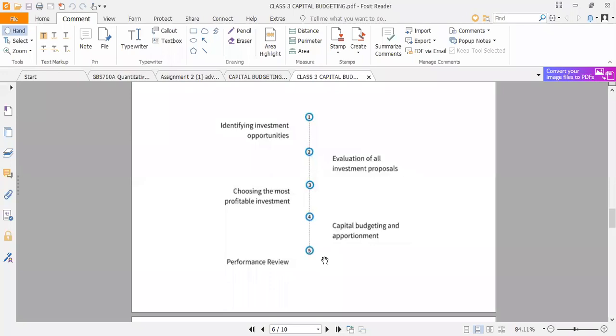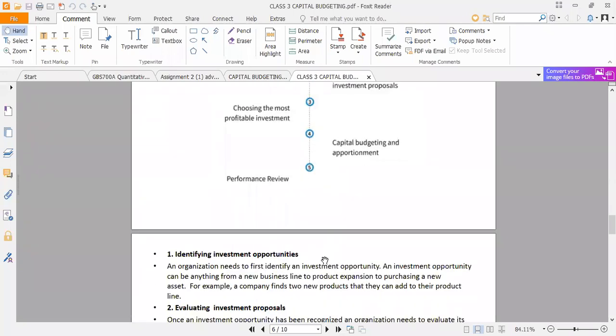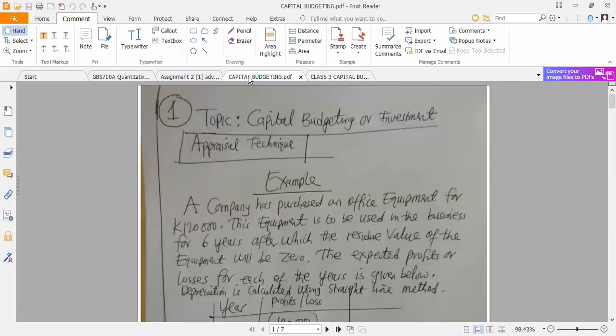Okay, so let us get into evaluation now. We look at the example here, a capital budgeting or investment appraisal technique. We have this question that we need to look at as an example.